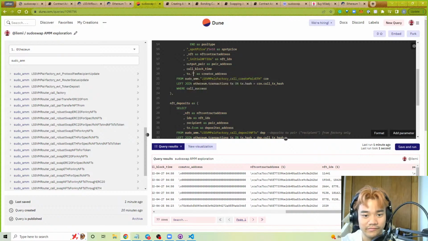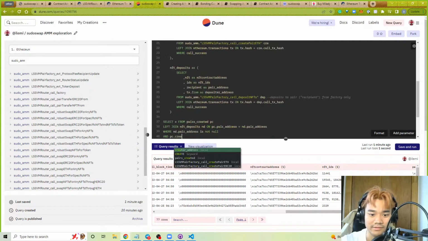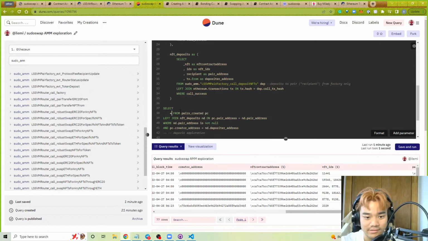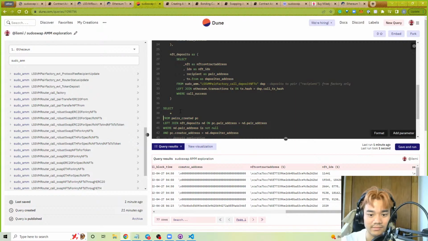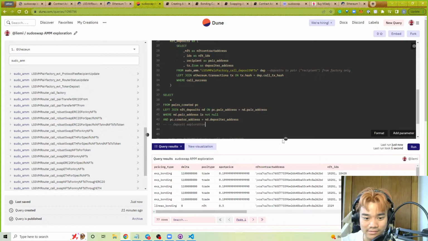Transaction dot from. So let's do where pair address is not null and PC dot, what did I call it? Creator address equals deposit dot depositor address. So first of all, how many people?